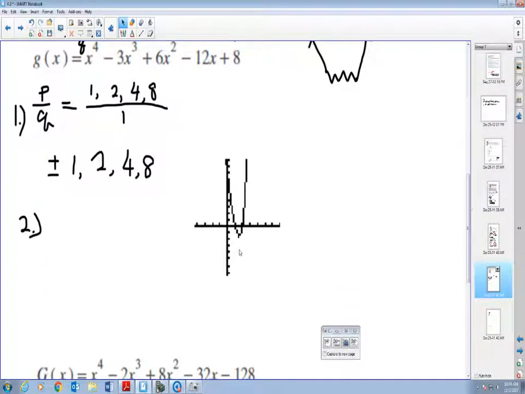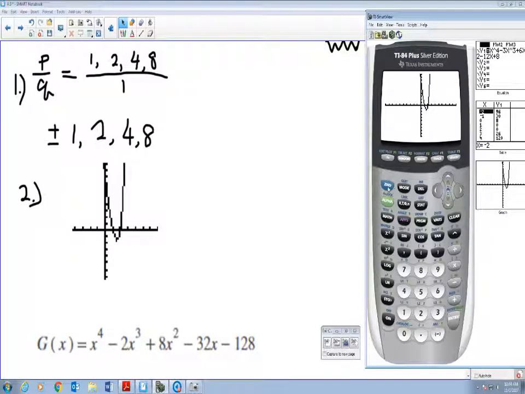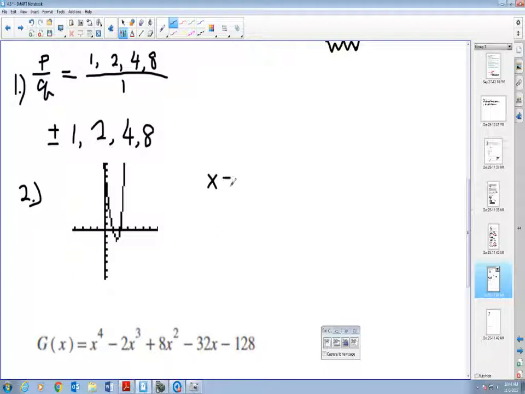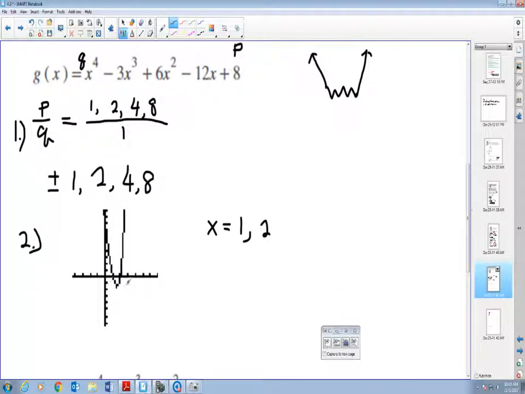Alright, I'm going to use the table, looking between negative 8 and 8. Right away I see 1 equals 0, 2 equals 0. So I have 2 zeros so far out of the 4 I should have. So what are the other 2 missing zeros?